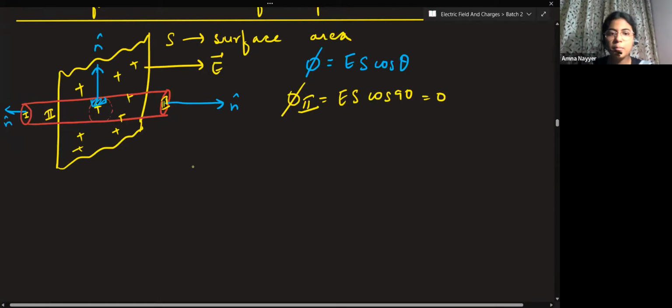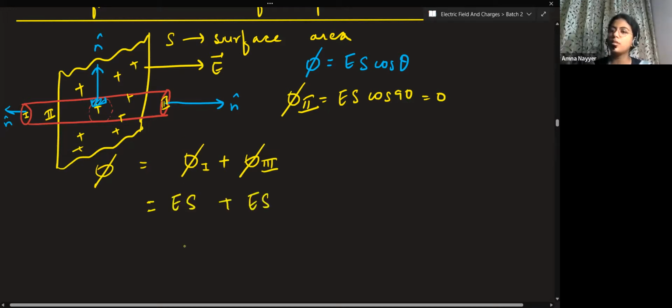If we take the flux due to the first surface plus the electric flux due to the third surface, this will give me the net flux of this system. Since it is making an angle of 0 degrees, when you expand, this will be Es flux because of the first plus Es flux because of the second.